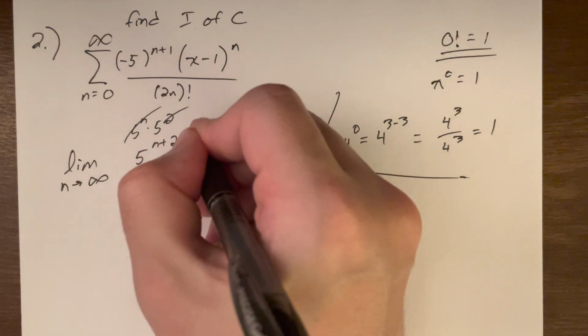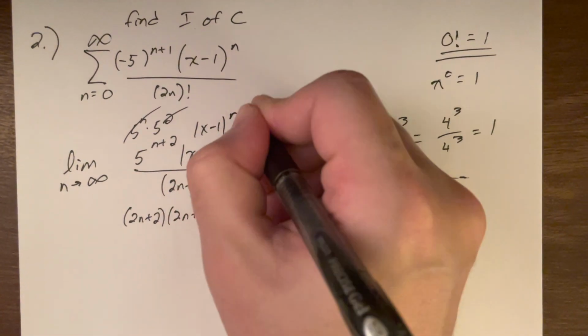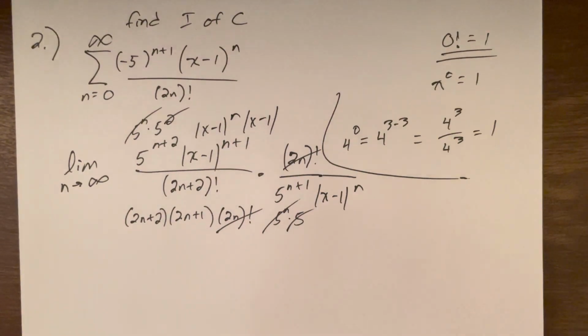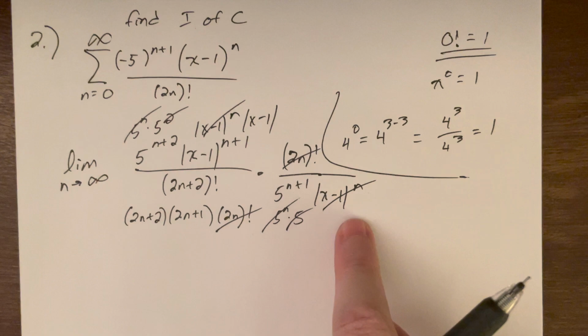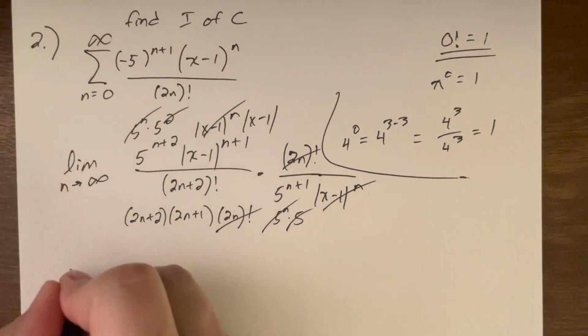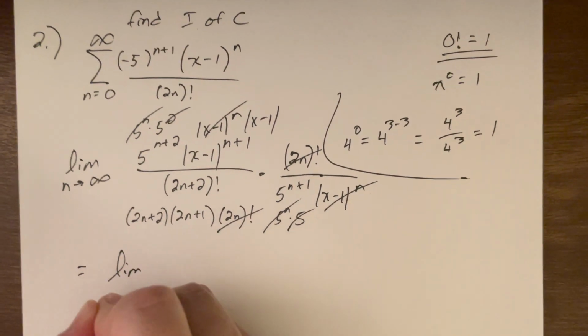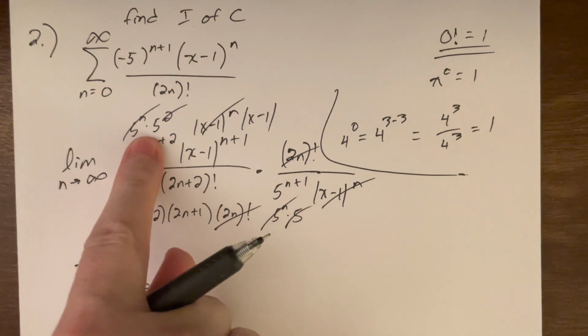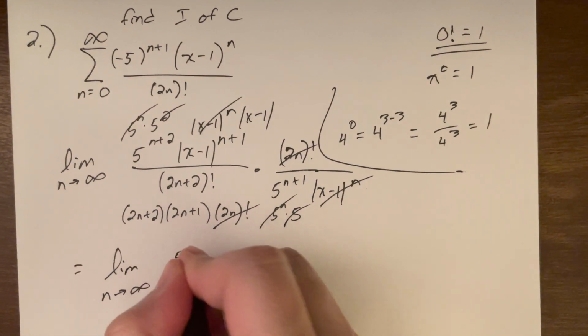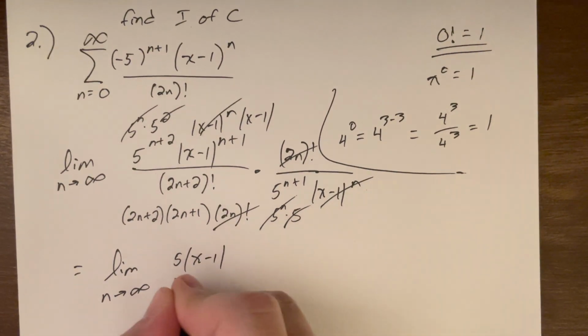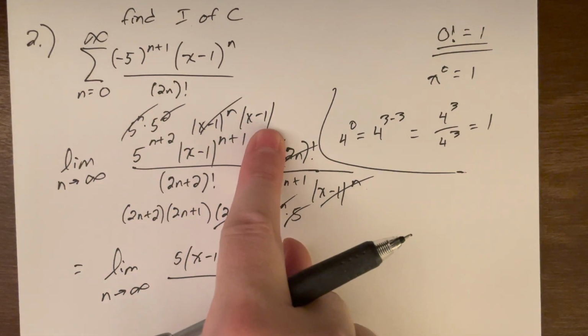And right here, absolute value x minus 1 to the n times absolute value x minus 1. Those cancel. So I have a 5 and an absolute value x minus 1 from the numerator. That's all that's left up here.